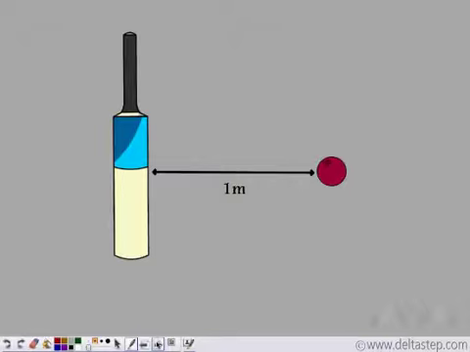So the mass of a typical bat is approximately 1 kg. The mass of a cricket ball is approximately 160 grams. For calculation purpose, let us assume it to be 200 grams, or equal to 0.2 kg.